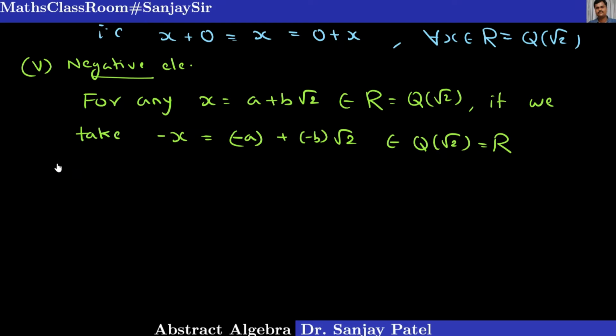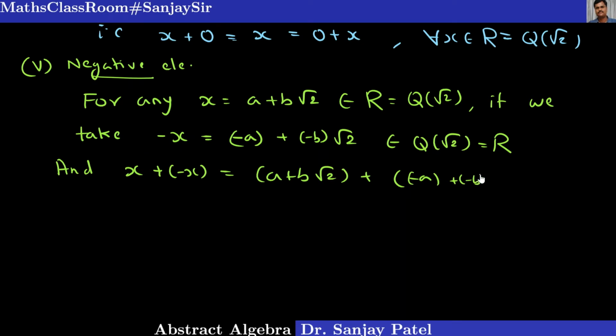Okay, and for this new element minus x, we have x plus minus x, that is a plus b root 2 plus minus a plus minus b root 2, equal to 0 plus 0 root 2, that is nothing but 0.